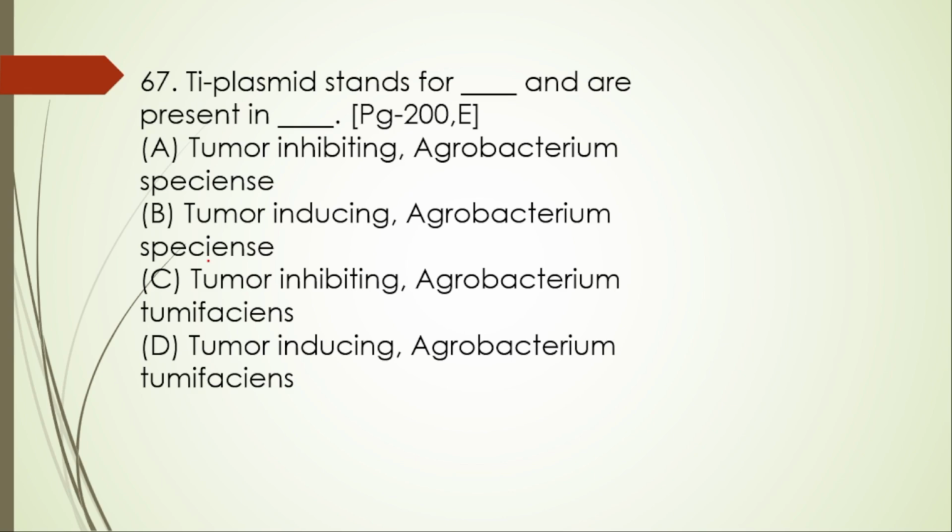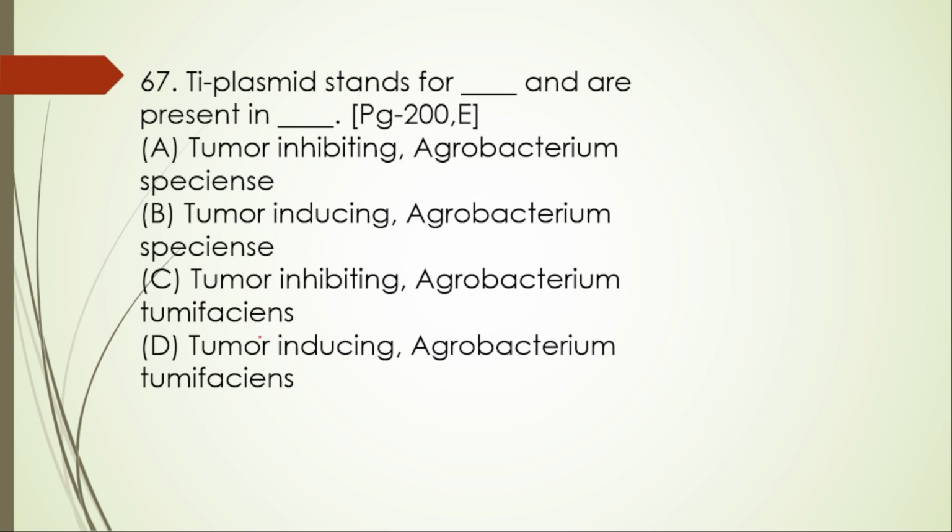Next, 67. Ti plasmid stands for dash and is present in dash. Ti stands for tumor inducing plasmid and is naturally present in Agrobacterium tumefaciens. So here, tumor inhibiting, no, it is tumor inducing Agrobacterium tumefaciens.